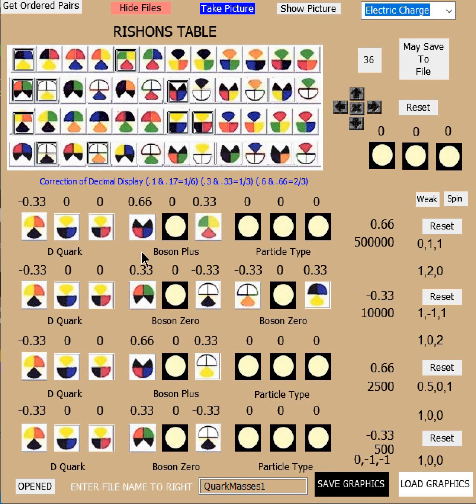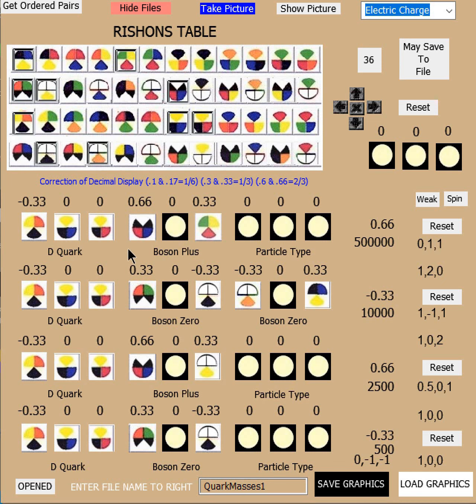And the sum of these components of the boson plus will give a combinatorial value of 2. And if we sum both the D quark and the boson plus together, we'll get the vector addition of 1 plus 2, which will give us a combinatorial value of 3 for the T quark.